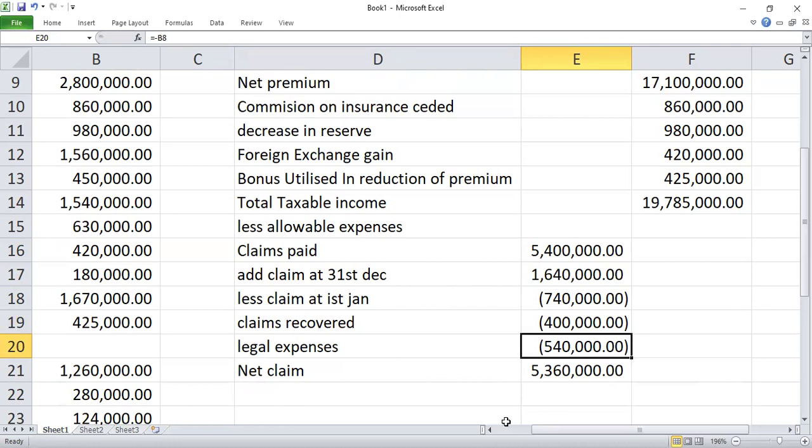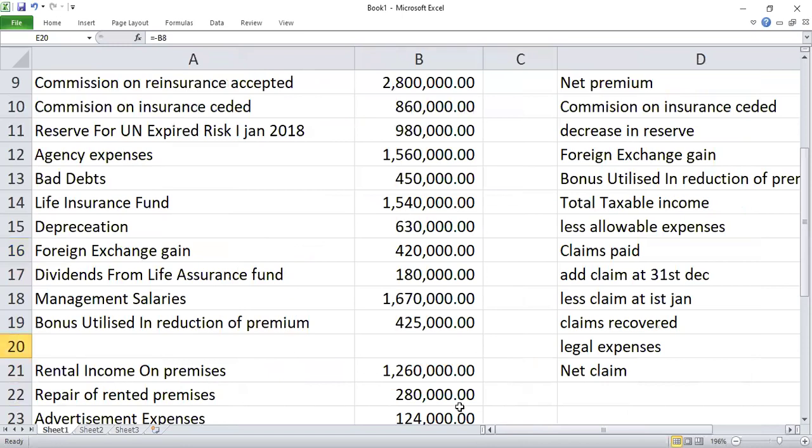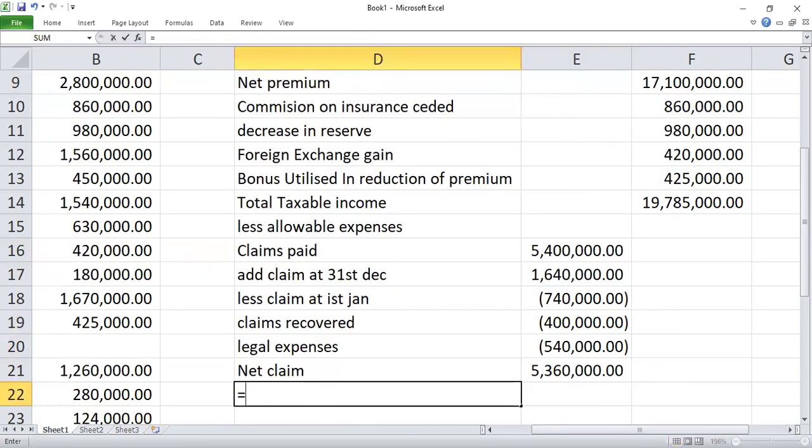So you look for other expenses. We're done with the agency. So we have commission on reinsurance accepted.